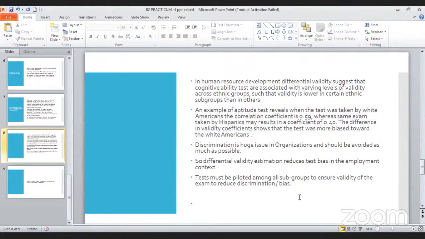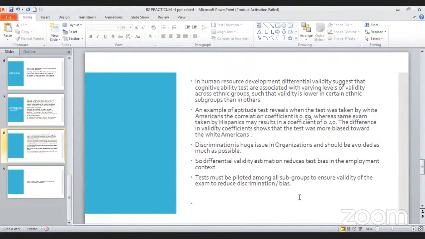So differential validity is applied psychometrics. Because in psychometrics, we are studying validity. But whenever we administer some tests in the practical field, we can see there are some differences between the subgroups, between the subcategories. That is not expected.